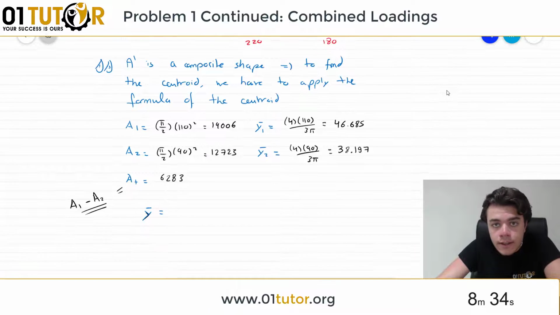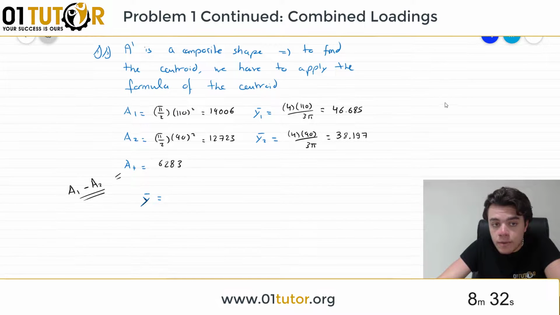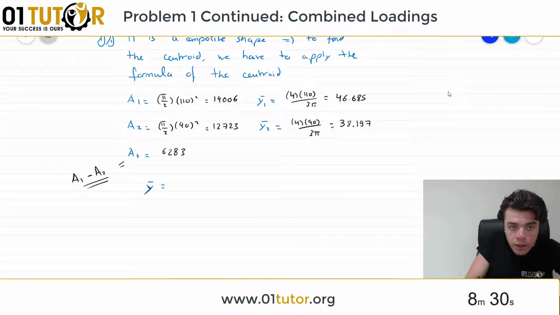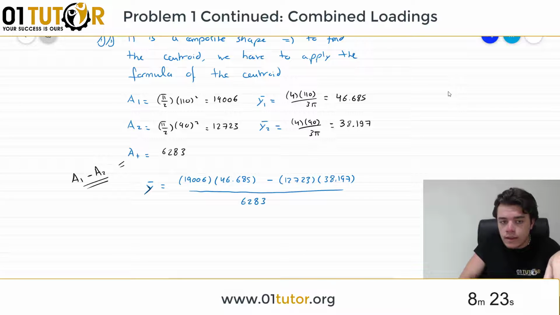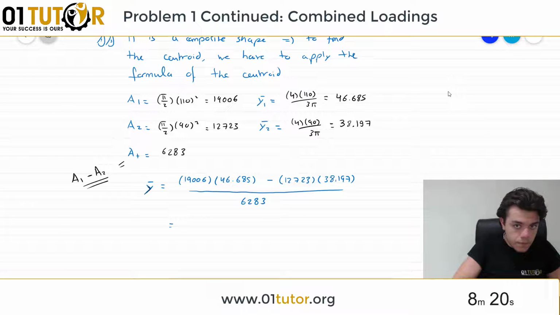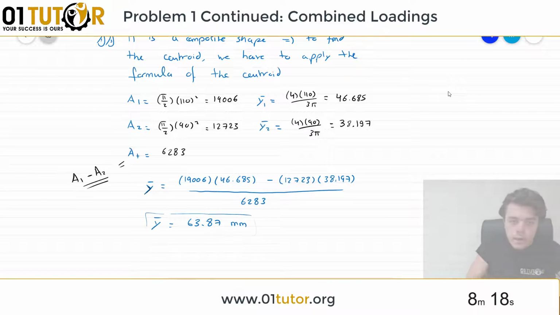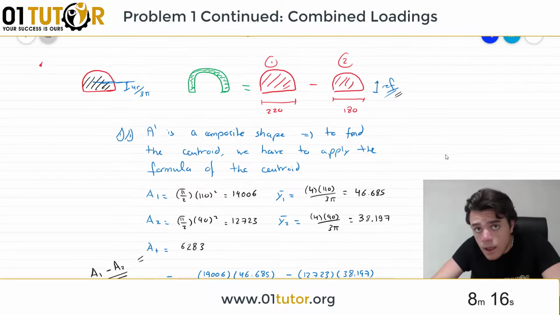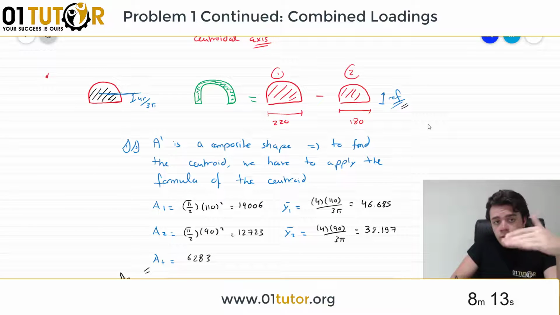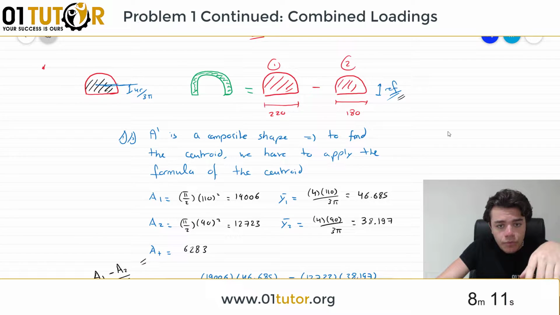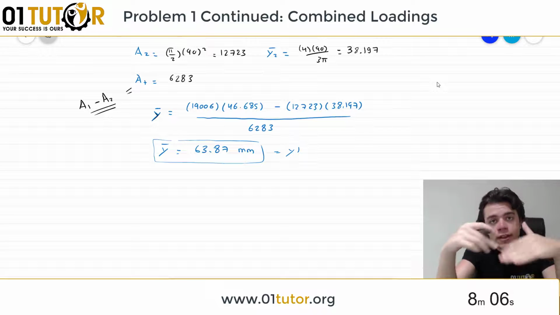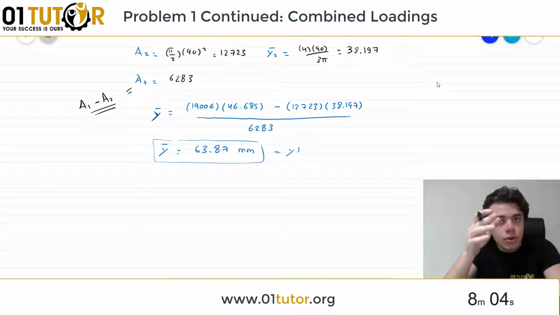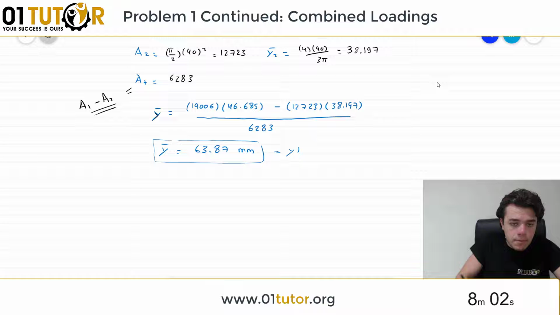We subtracted two semicircles from each other, and therefore in here it's going to be A1, which is 19006, multiplied by Y1 bar, which is at the same time y prime, because the reference is taken to be at the neutral axis. Whenever the reference is taken to be at the neutral axis, you're going to get y prime equals y bar.